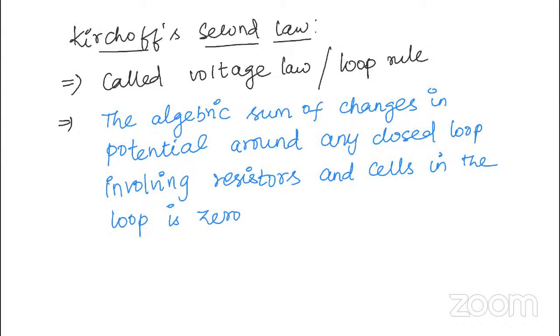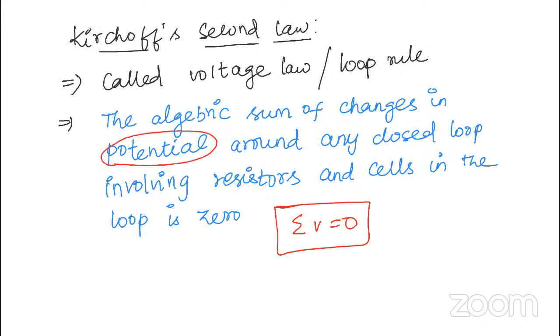So simply we write summation of V is equal to 0. The change in potential values should be 0.